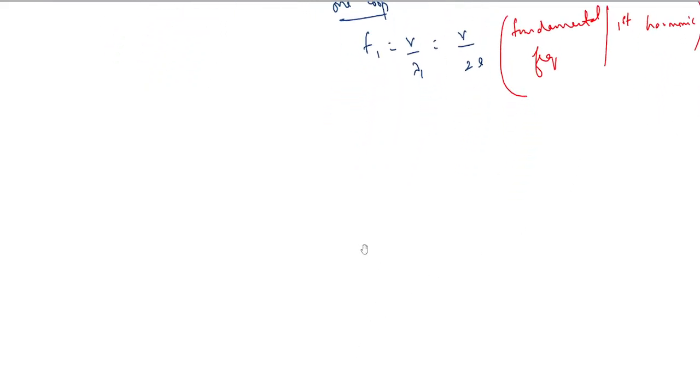Let's take a case where the stretched string has two loops. This would be a node, this would be a node as seen earlier, and the center of this also would be a node. We get two loops like this.